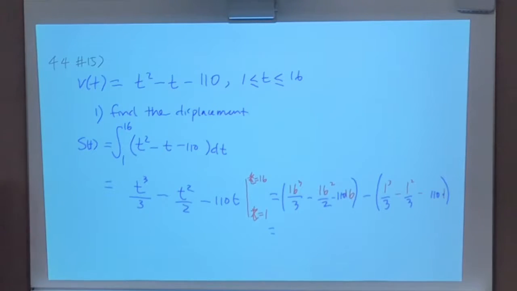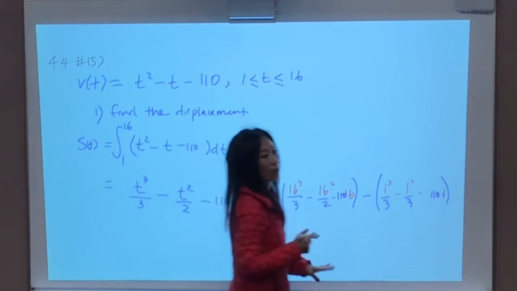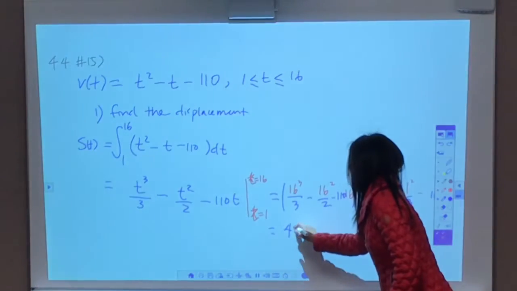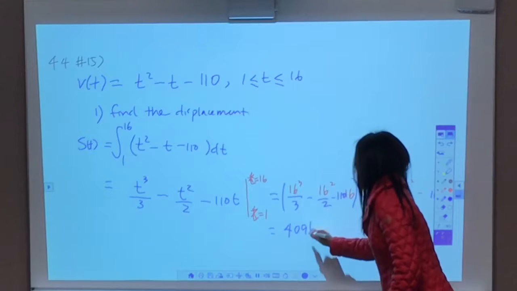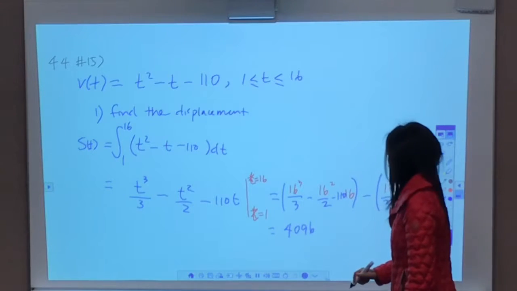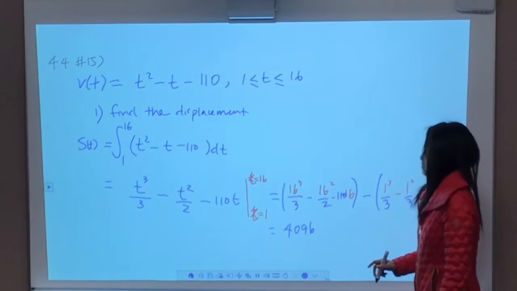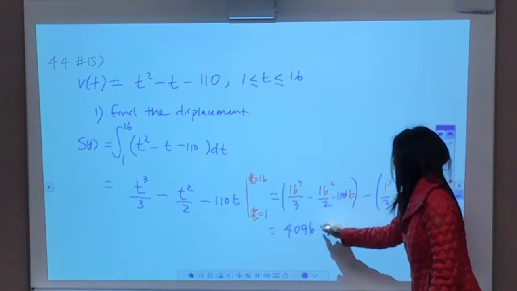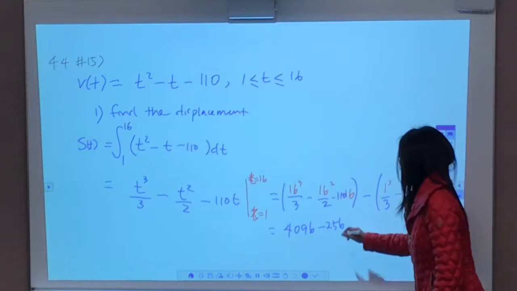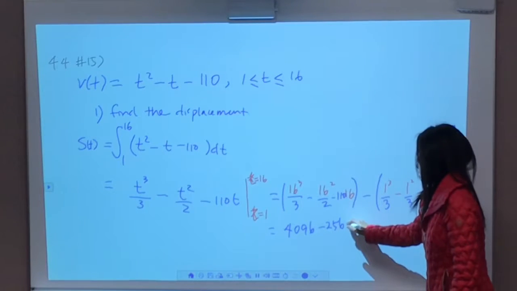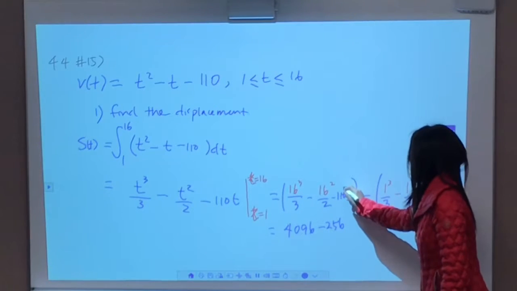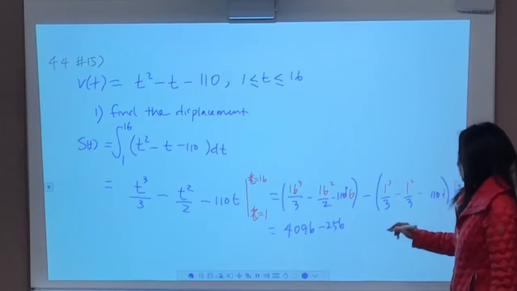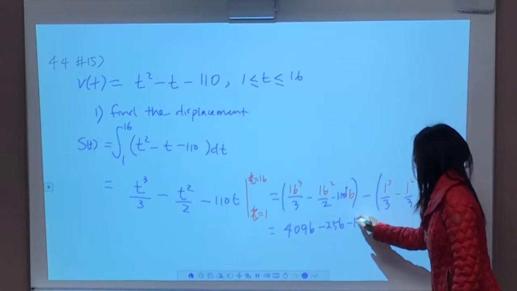Do you have your calculation? Give me that number. What's the number here? 4096. Then you need 110 times 16, so multiply. Okay, 1760.